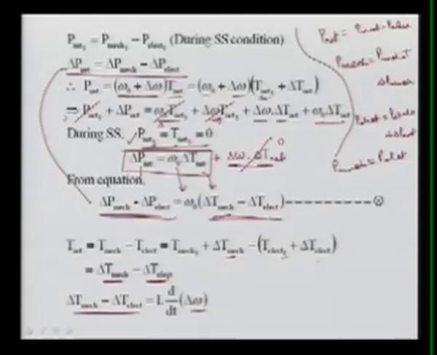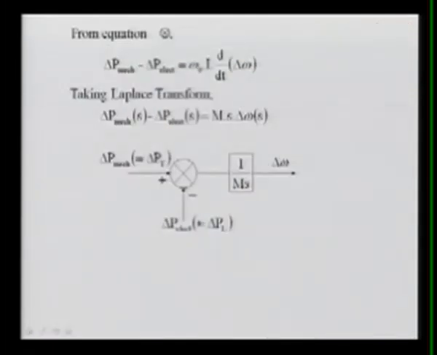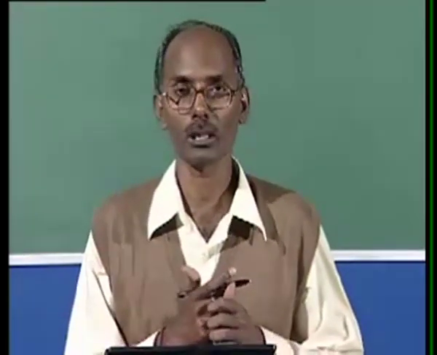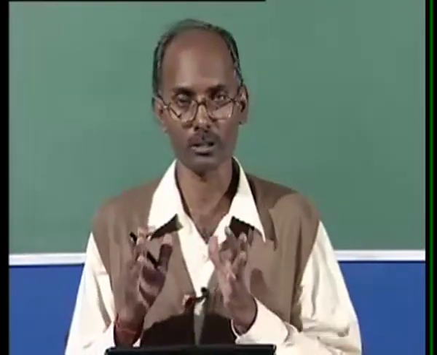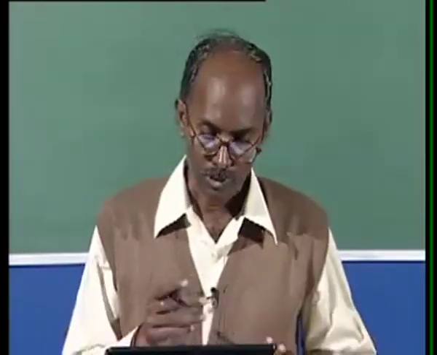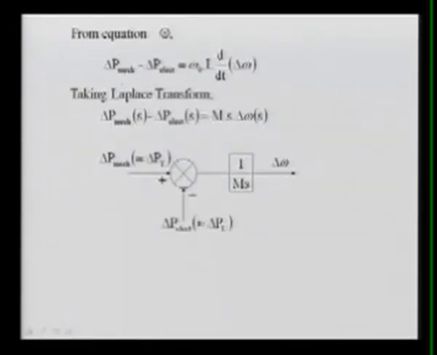Again we can simplify here. From equation star, I can say the change in the mechanical power. Now I am writing in terms of power, because all the quantities we represented in power rather than torque. In the power system, torque has no meaning because it is very difficult to calculate things in torque. It is better to go in megawatts and frequency terms so that we can easily solve the problem. So the change in the mechanical and change in electrical powers will be equal to this multiplied by omega naught, and this is nothing but your T net.